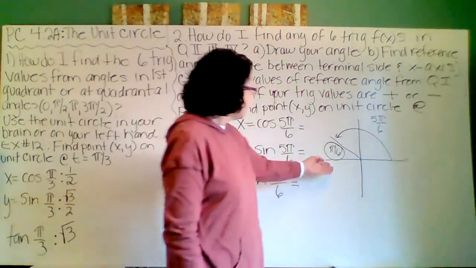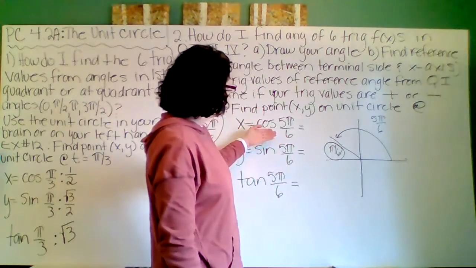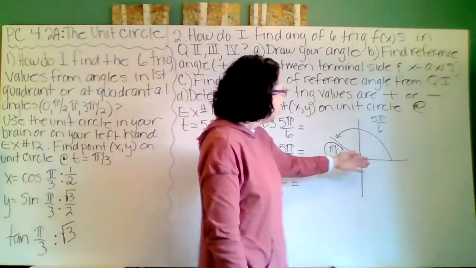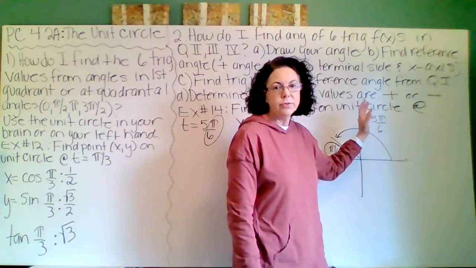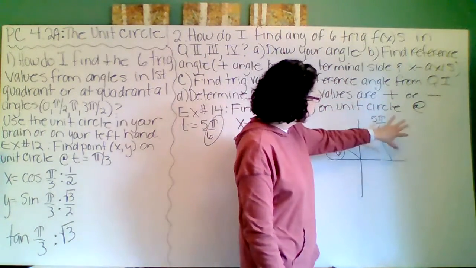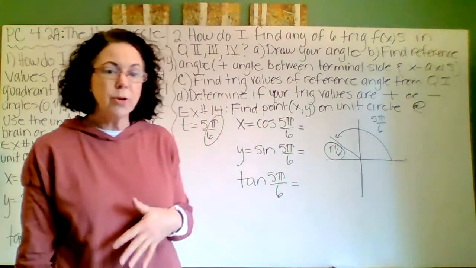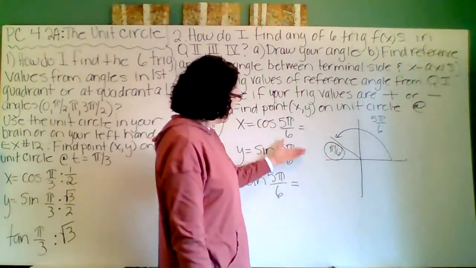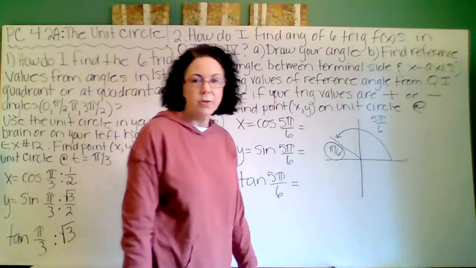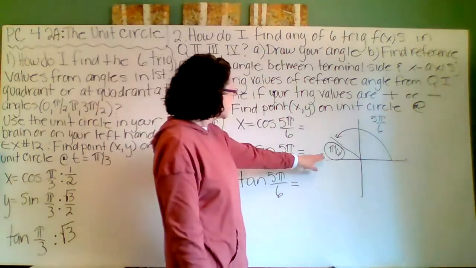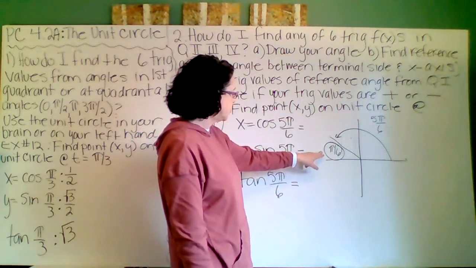Okay, I use my reference angle and I first find cosine of pi over 6. Remember, all the values that take place on the unit circle are located in the first quadrant. So I'm just using first quadrant angles to find any trig value on the unit circle. So I'm first going to find cosine of pi over 6.